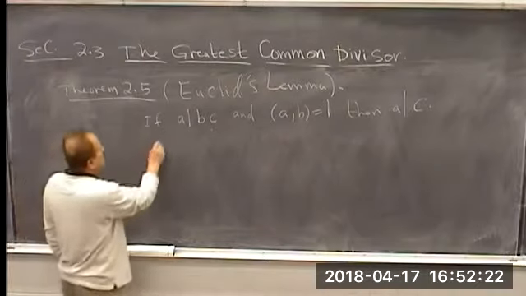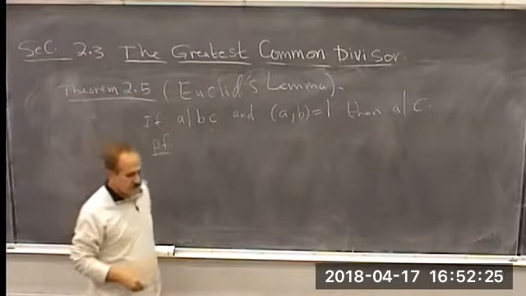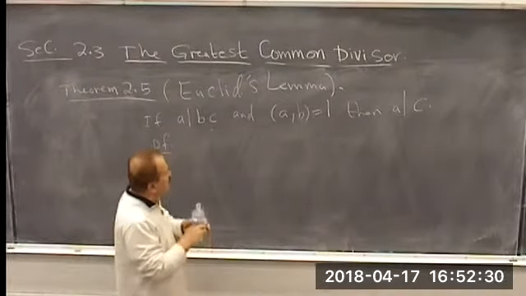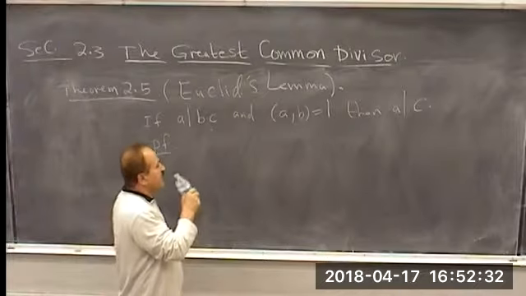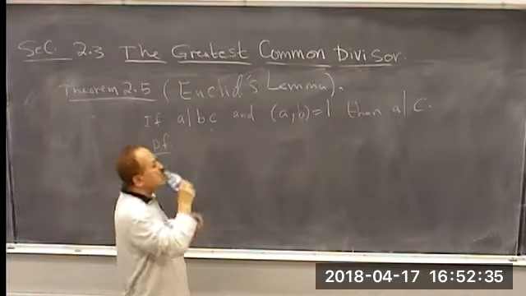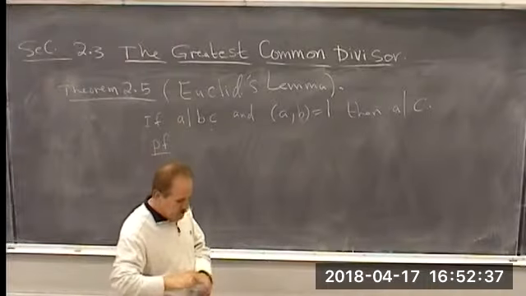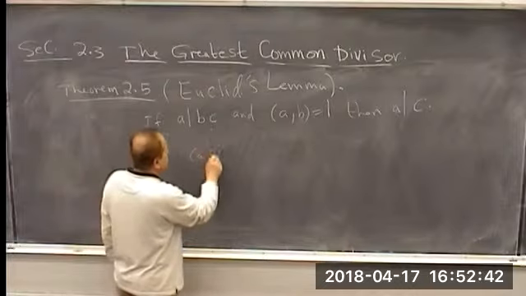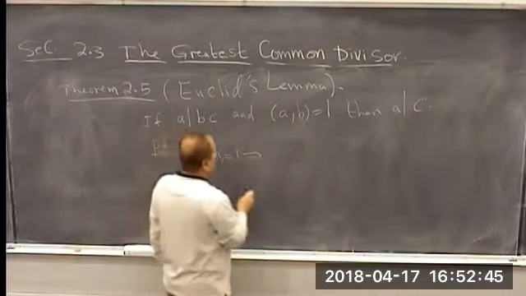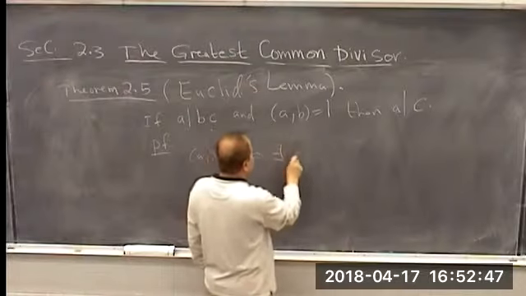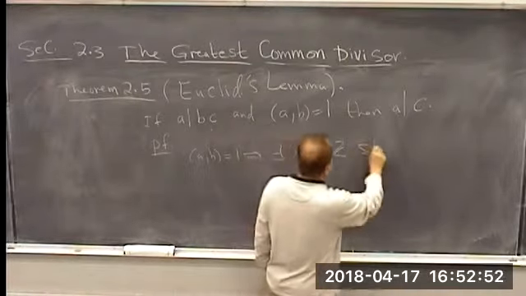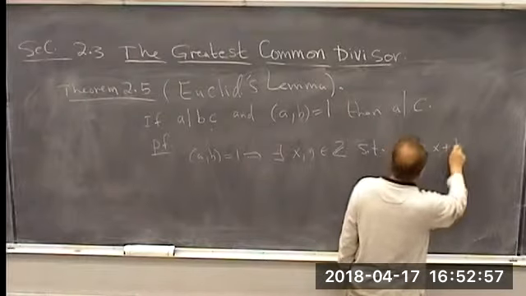Here's the proof. Again, we're going to use that idea: the greatest common divisor of A and B is equal to 1. This implies there exist x and y such that 1 is equal to Ax plus By.